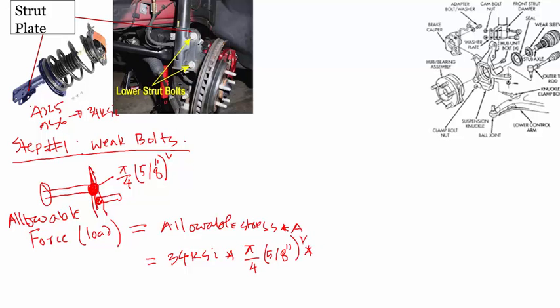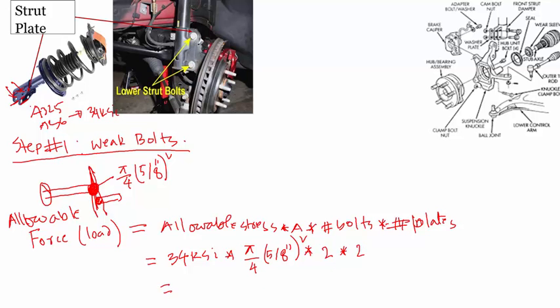Now look at this situation. You have two bolts here, one bolt here, one bolt here, and each bolt is shearing at two planes, on the upper and the lower. So you multiply by the number of bolts and then multiply by the number of shear planes that the plate has to cut. In this case you have 2 bolts, 2 shear planes.